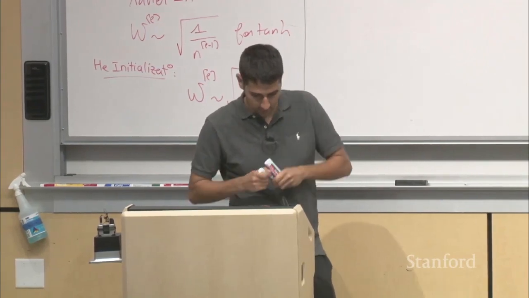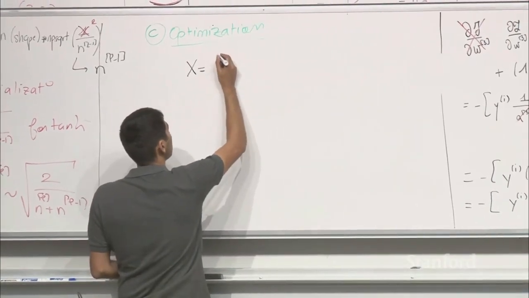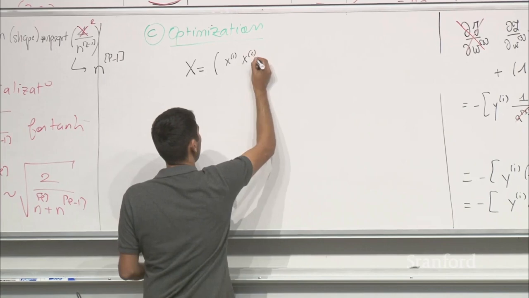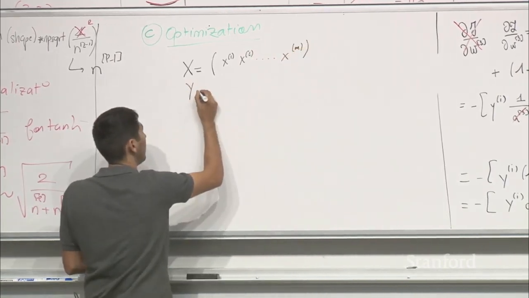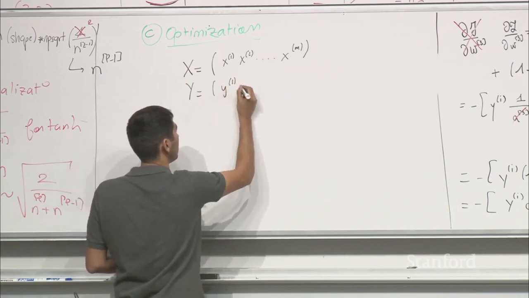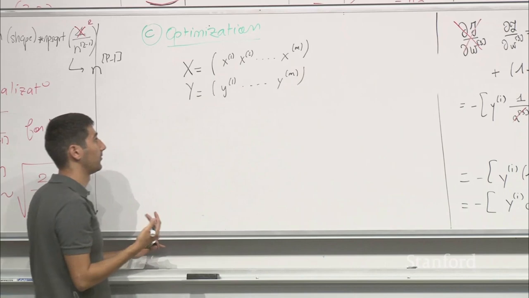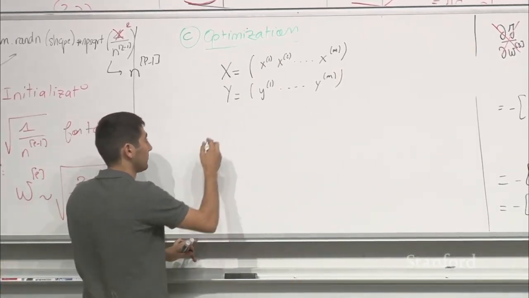So in terms of notation, I'm going to call X the matrix X1, X2, ..., Xm, and capital Y the same matrix with the Y's. So we have m training examples, and I'm going to split these into batches.